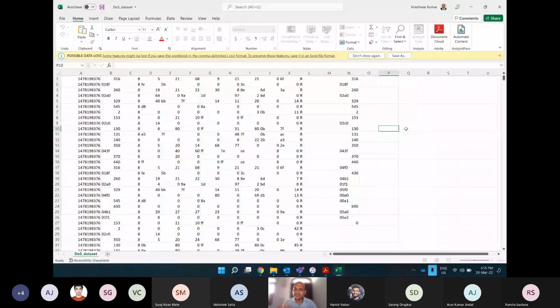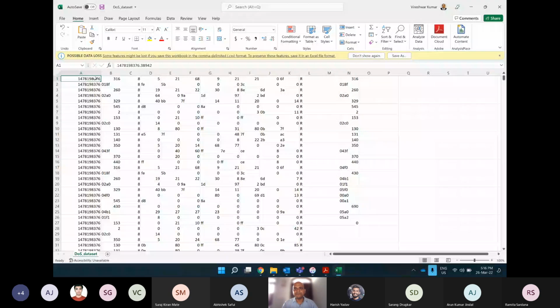So when I'm talking about inter-message arrival time, I'm talking about the time two messages with the same ID come on the bus. So two messages with the same ID are recorded from the bus. So message timing is not the timing between two consecutive messages.